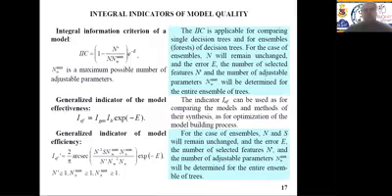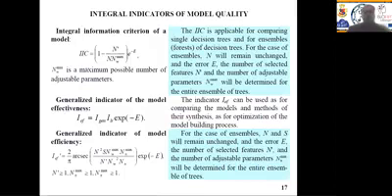And having such a list, we can use the indicators proposed at the previous slides to combine them and get as a result an integral indicator reflecting a set of different properties of the models important for a specific task.